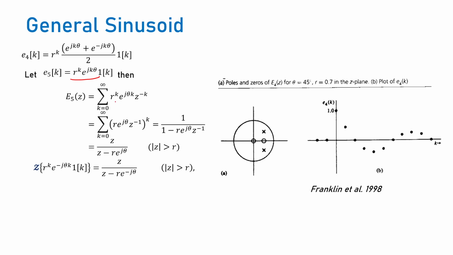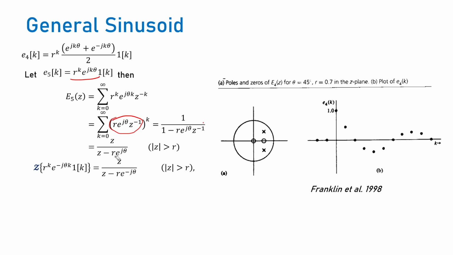Now apply the definition of the transform, and then we can have a series expansion where the base of the exponential is this term. So we can find the value of z such that this series converges, so that we have a closed form like this, and then we can easily find the poles of this Z transform.